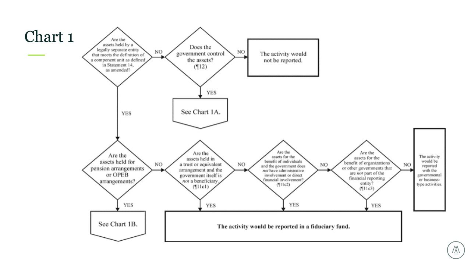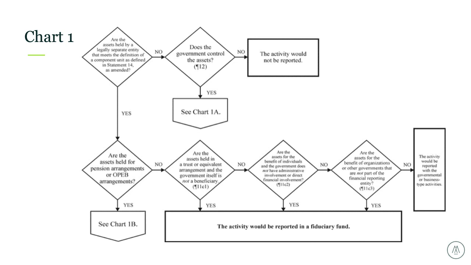A note there is that the flowcharts are really considered non-authoritative, so they're very good flowcharts, but they don't cover all aspects of the statement. But they are good tools. You can use these to help document your evaluation of the different activities that you have, and it can even assist in your documentation process as the time comes when you go through audit and you need to provide some level of documentation.